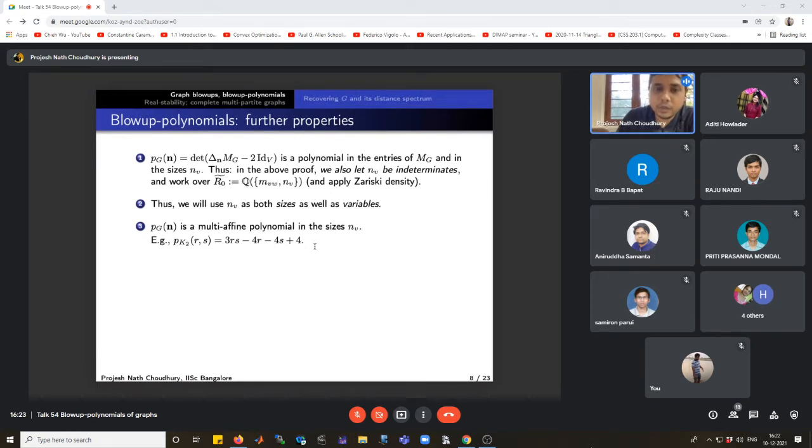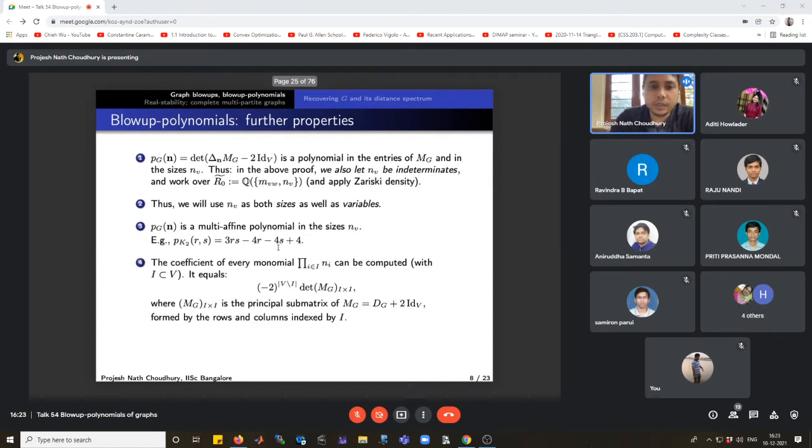For example, this is the polynomial for a graph, and the coefficient of every monomial, as I told you, can be computed explicitly. It equals minus 2 raised to some power times the determinant of the principal submatrix of the modified distance matrix corresponding to this subset I. So one can compute all the monomials explicitly.